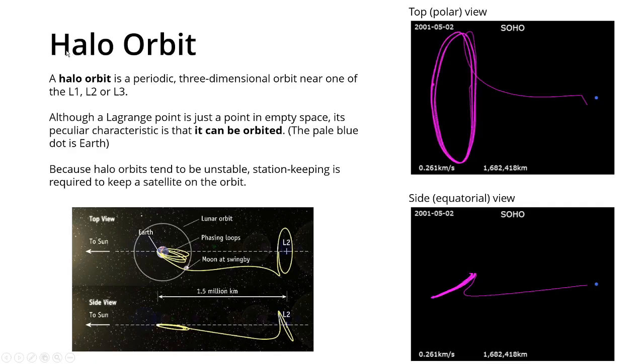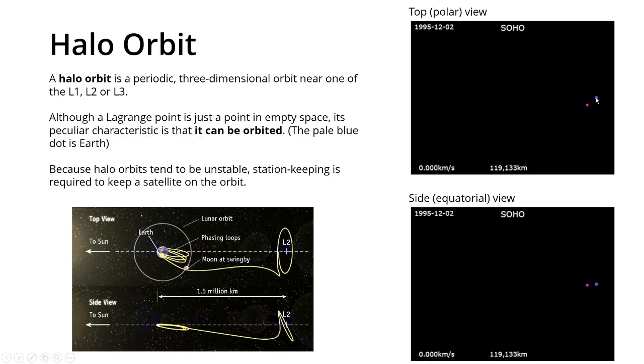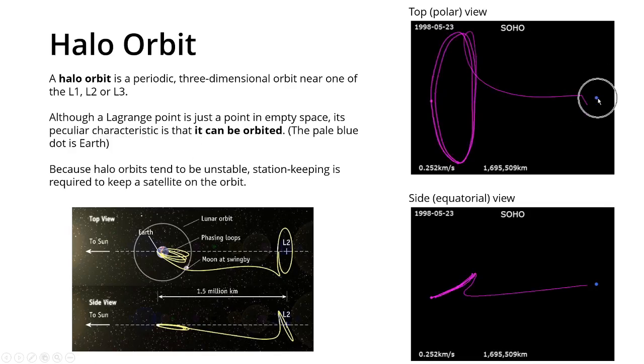One of the cases is what we call a halo orbit. As you can see now, although a Lagrange point is just a point in empty space, its peculiar characteristic is that it can be orbited. Imagine that this blue is Earth, and the middle here is the L2 point.